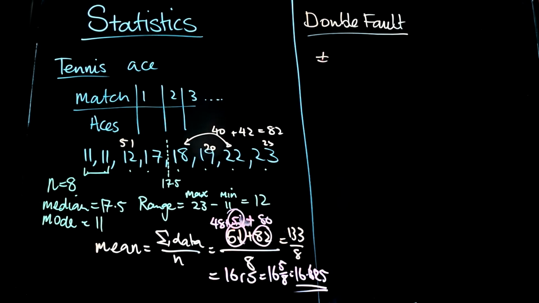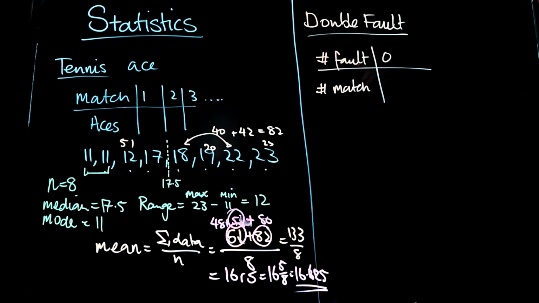So we've got the double faults in a table, and then we've got the number of matches that occurred, right? So we could play a match and we could get 0 faults, we could get 1 double fault, 2 double faults, 3 and maybe 4 double faults.